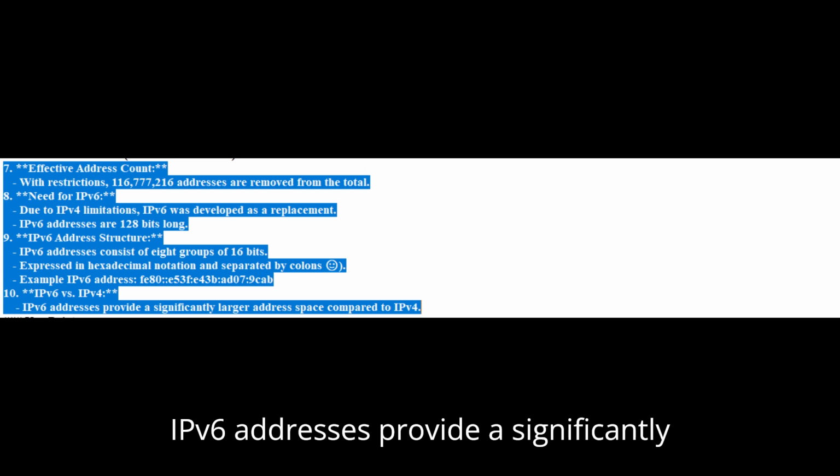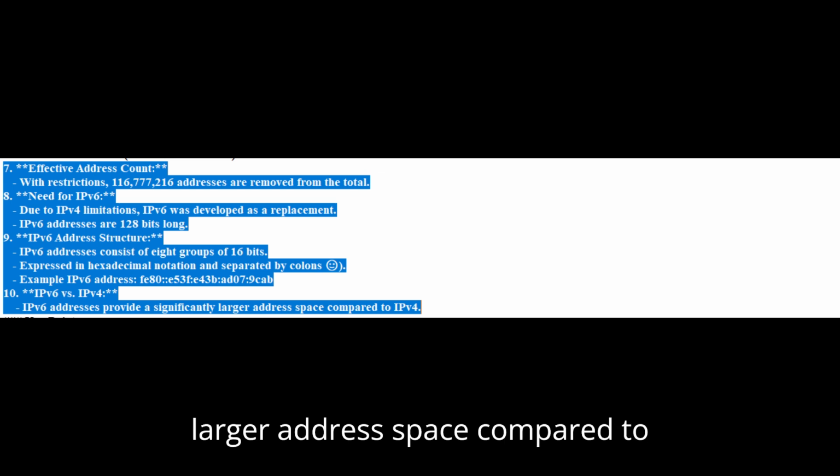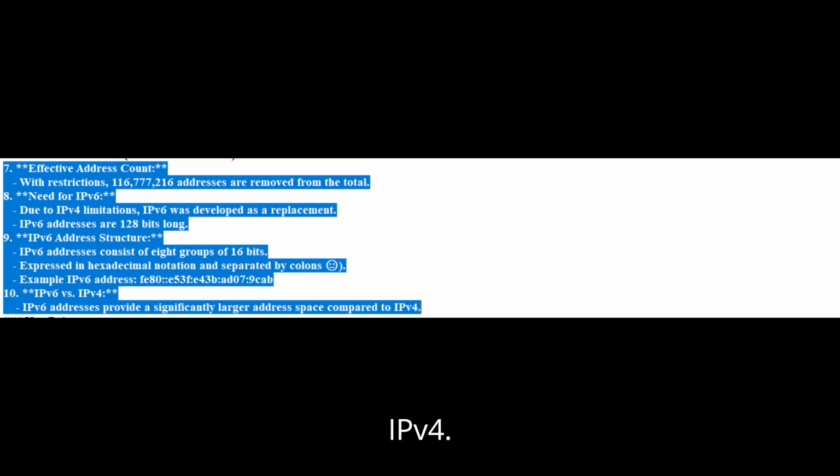Example IPv6 address: FE80::E53F:E43B:ADD0:7:9. 10. IPv6 versus IPv4. IPv6 addresses provide a significantly larger address space compared to IPv4.